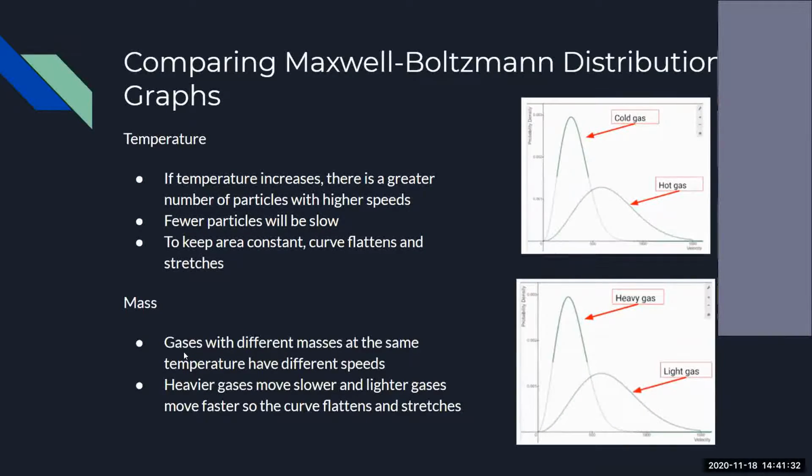So their mass makes up for the speed, but they do move at slower speeds. Our bigger gas particles will move slower, and the lighter gas particles are going to move faster. So in this case, this would be a heavier gas, this would be a lighter gas.